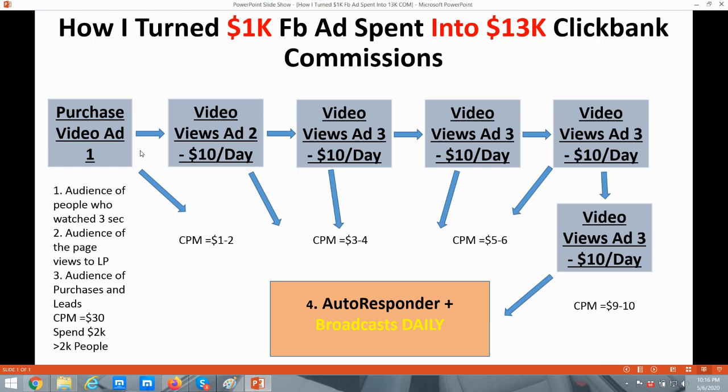So basically, we're going to tell Facebook, I want to have a purchase ad. I tell him the audience, which I know is very targeted. In this case, we can do interests, we can do lookalikes. Doesn't matter. We have so many people who are going to buy our products anyway.